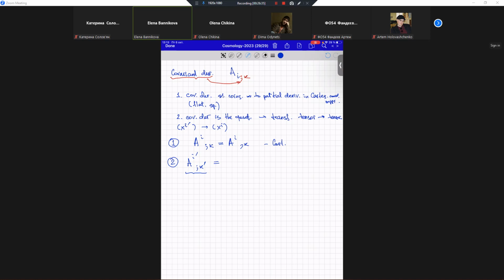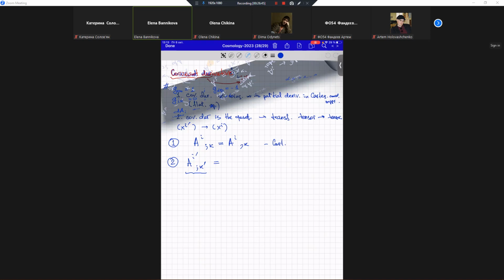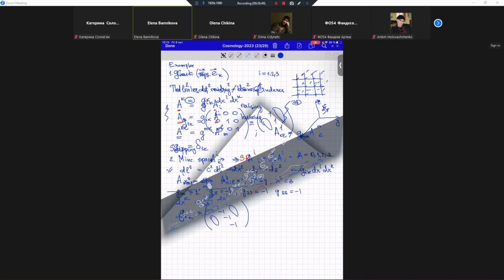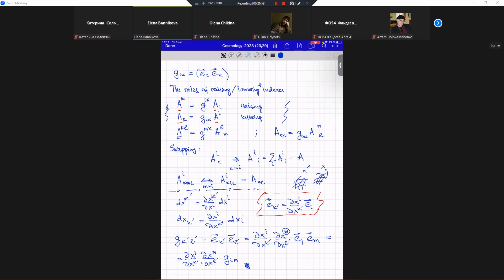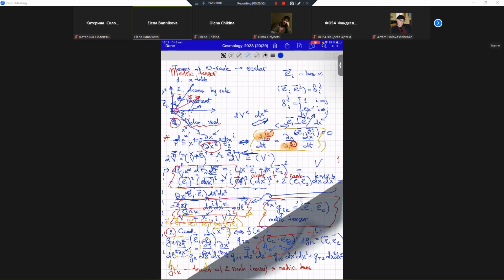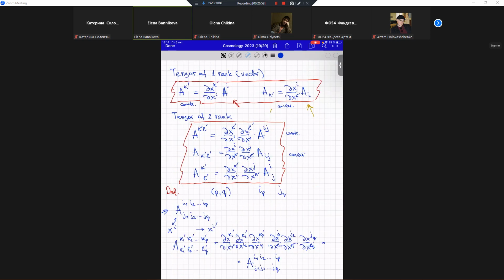So we need to use the corresponding formula of transformation of the tensor from one reference system to another. We can put here a number for this formula which we obtained before and make a reference to it.